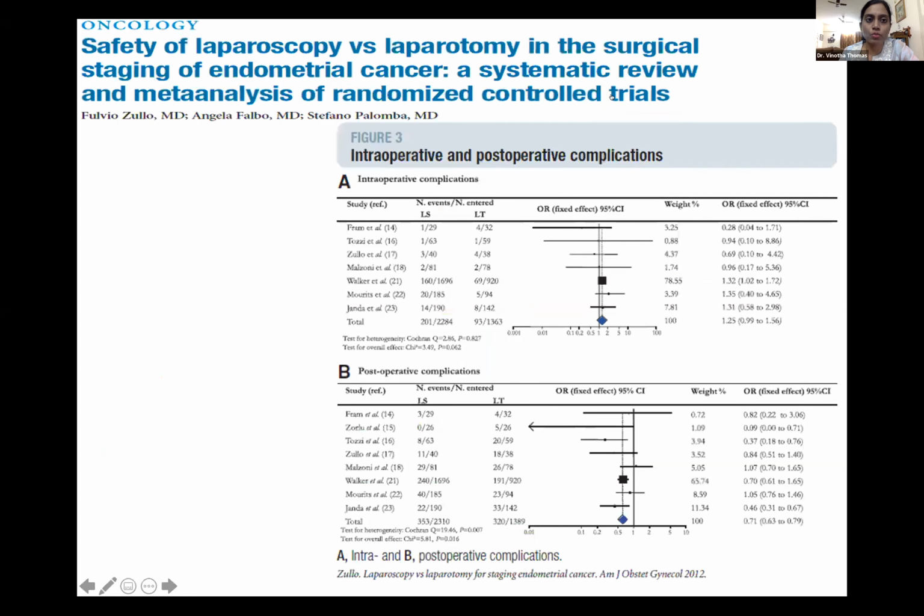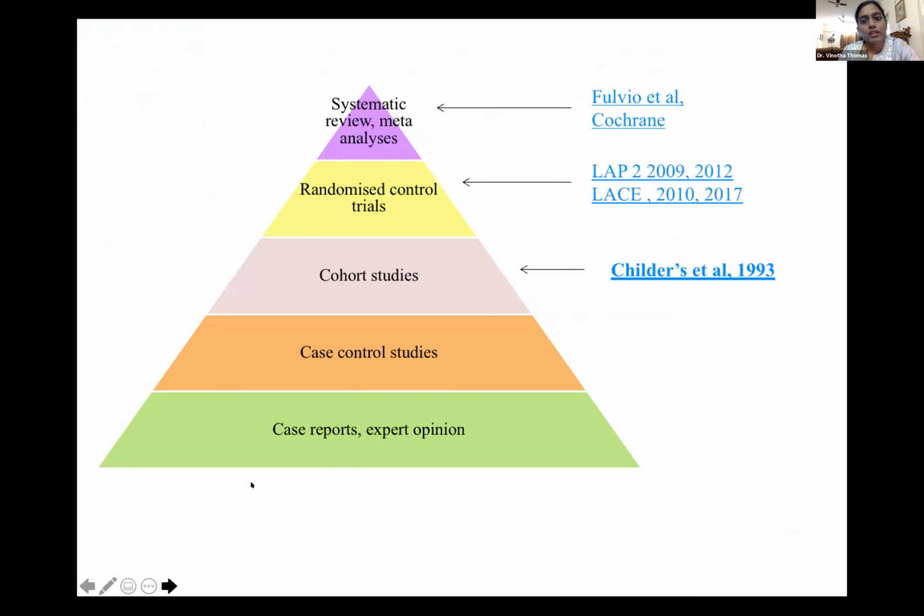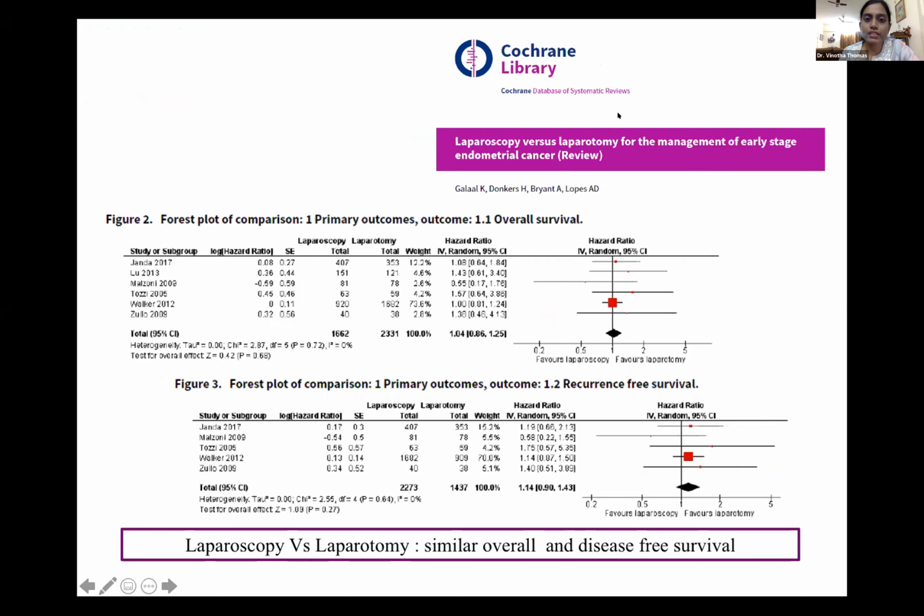Fulvio et al., along with Paloma et al., did a systematic review of the existing trials, and the laparoscopic arm showed similar intra-op complications, but reduced post-op complications, increased operative time with a weighted mean difference of 50 minutes, but reduced blood loss. The Cochrane meta-analysis finally concluded that the laparoscopic arm had similar overall survival and disease-free survival.